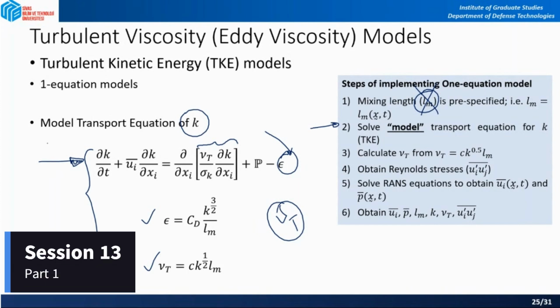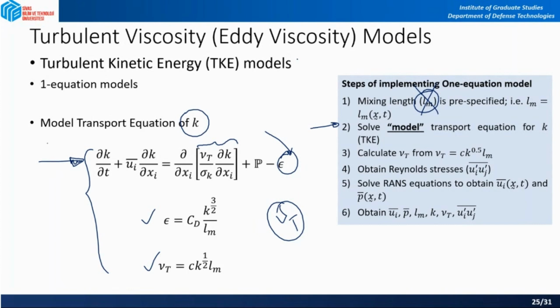In the last lecture, what we were saying was to come up with a full set of equations that we call two equation models. Instead of pre-specifying the mixing length, like what we do in algebraic models and one equation models, we just solve two additional partial differential equations, one for epsilon and one for k.